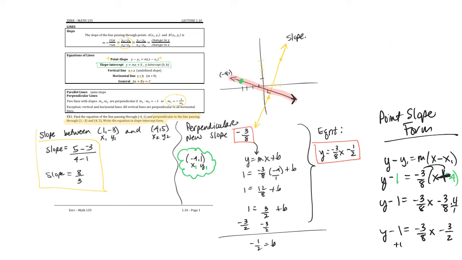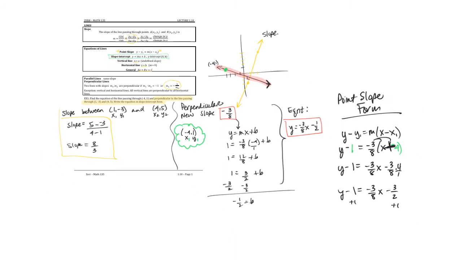Add 1 to both sides. And we've got y is equal to -3/8x minus 1/2. So it's exactly the same process as we did using y equals mx plus b. It can just be a tiny bit faster if you don't mind memorizing yet one more equation. So that's the point slope form.